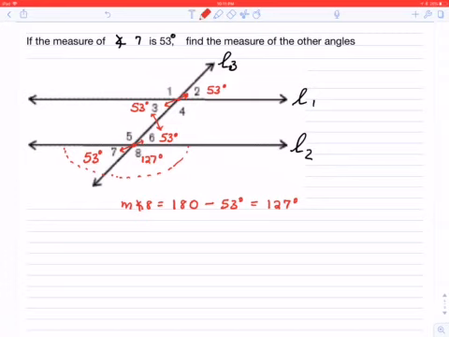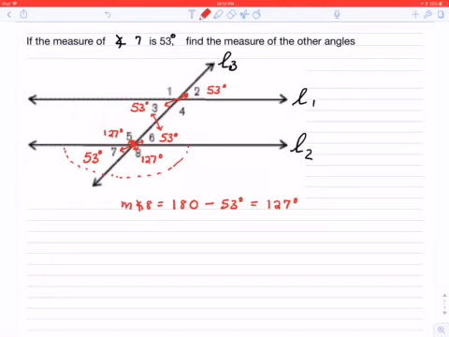Now, directly opposite angle 8, sharing only a common vertex, would be angle 5. So angle 8 and angle 5 are vertical to each other. Vertical angles are equal. If angle 8 is 127 degrees, so is angle 5. Inside the parallel lines, kind of on the diagonal from angle 5, is angle 4.